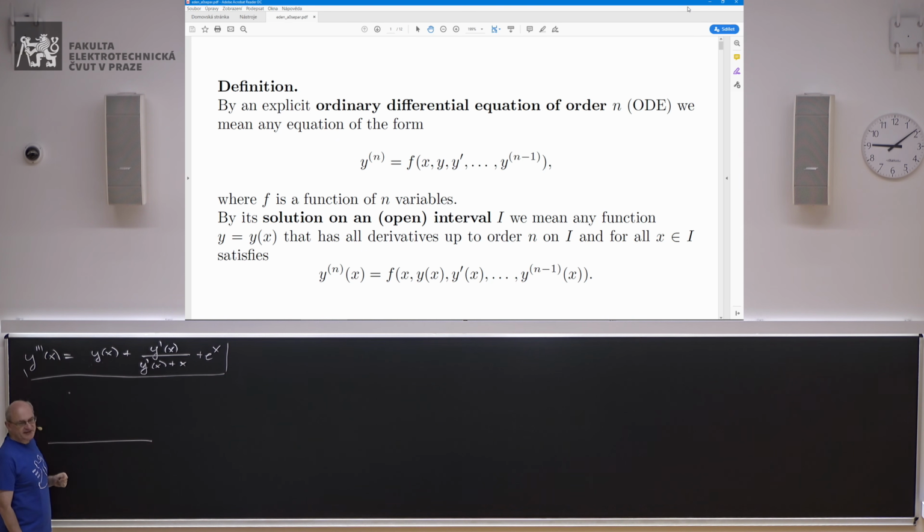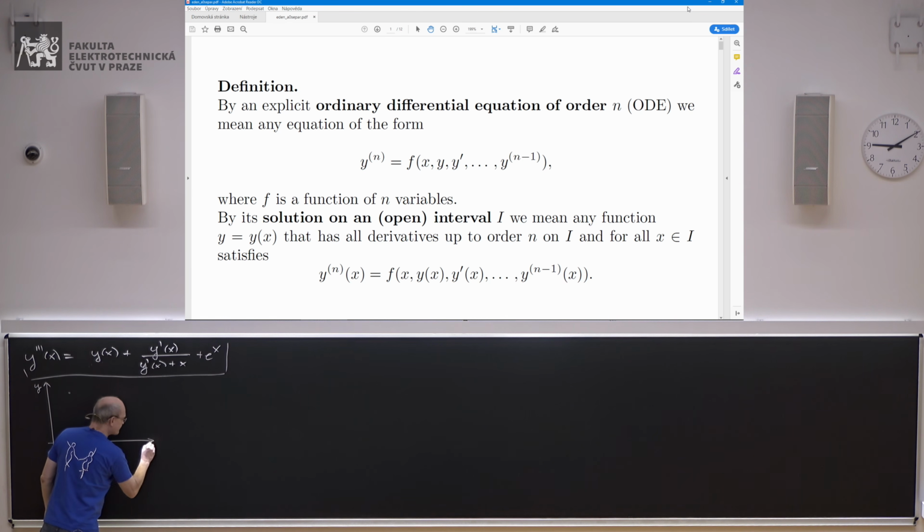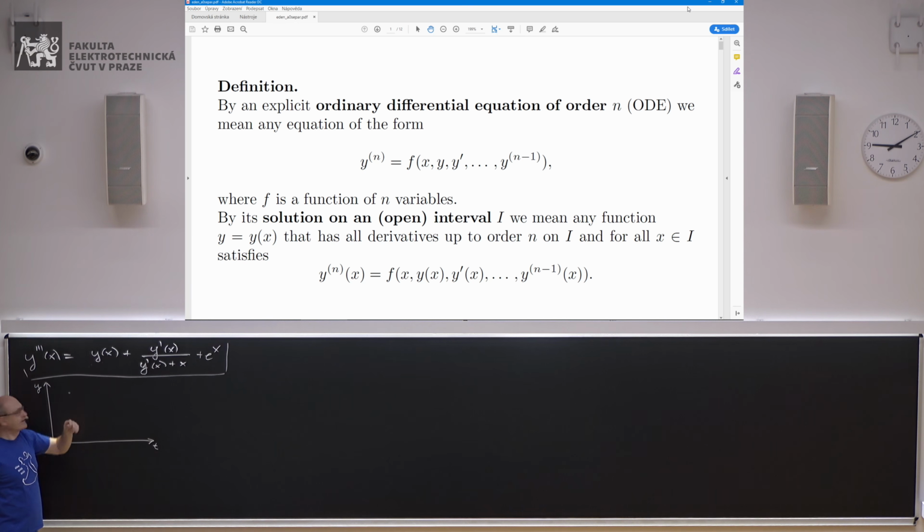So let's put some mathematics into it. The vertical axis will be the elevation of the object above the ground. And for simplicity, we will allow only vertical movement of this object. And here on the horizontal axis, I put t for time. So this is actually the graph which captures the elevation of this object with respect to time.